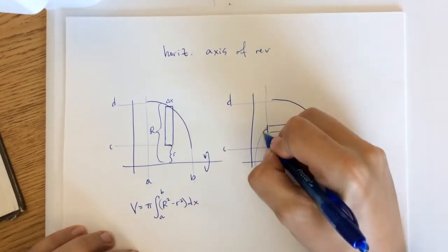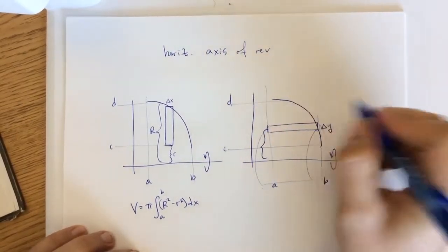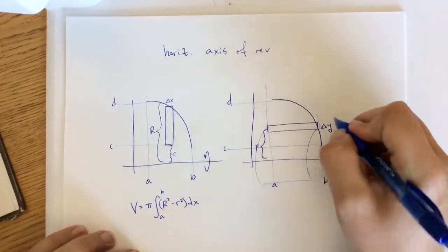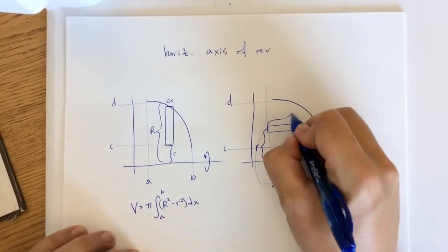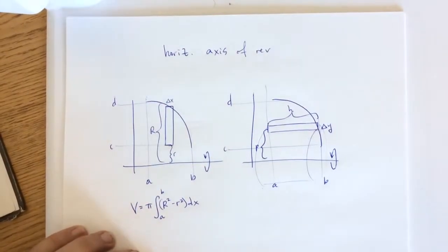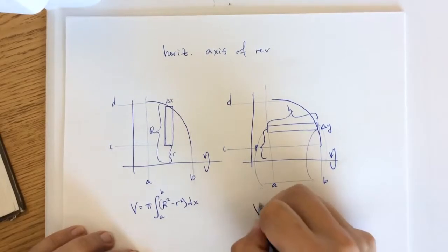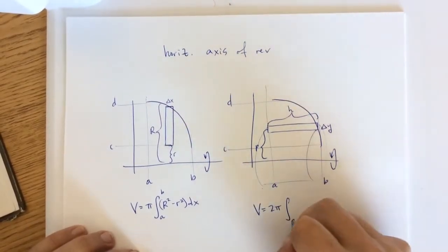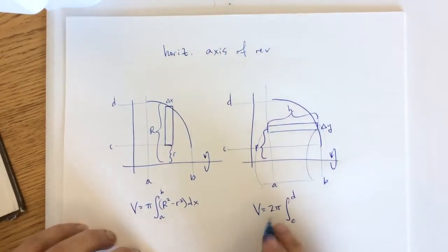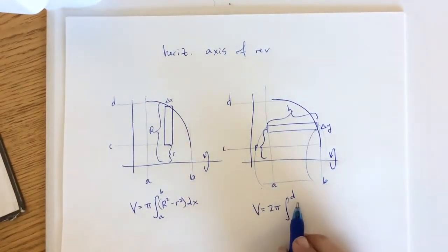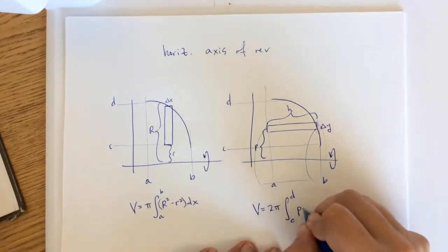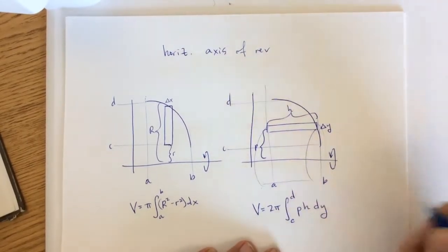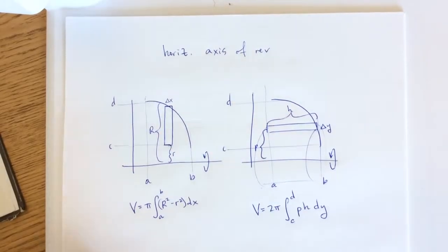I'm going to be concerned with the radius of my shell, p, and I'm also going to be concerned with the height of my shell, h. And my volume v is going to be given by 2 pi times the integral from c to d of p times h, and that integral is going to be taken with respect to y, since I have a delta y.